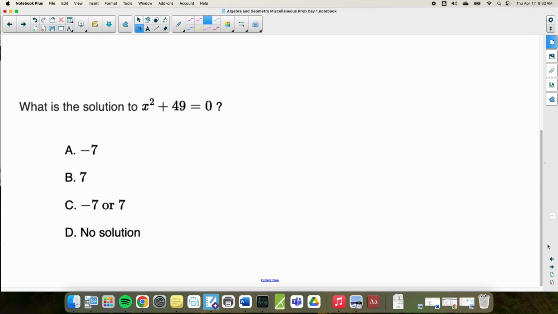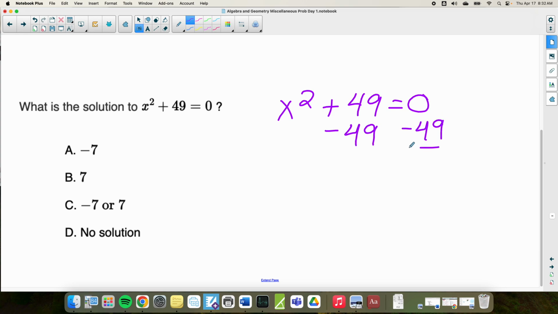Then, if we look at this one, we're solving an equation that has x squared in it. So if I do x squared plus 49 equals 0, and I solve that, I'm going to subtract 49, and I get x squared equals negative 49.